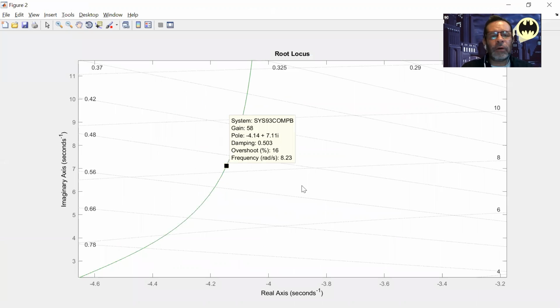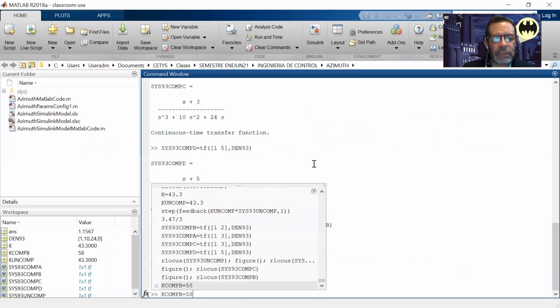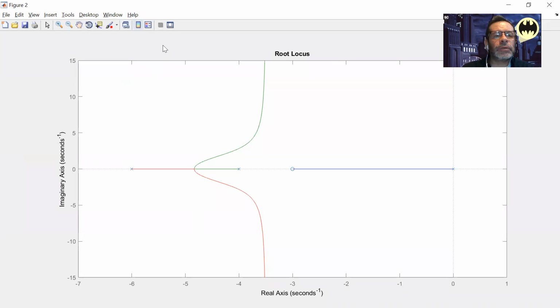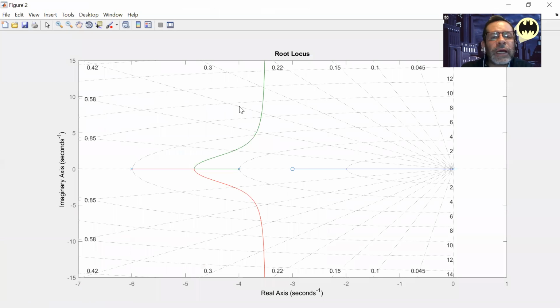Okay. Now I'm going to close this one and let's look at comp C. So comp C is this one. This one was with the 3. We're going to put a grid here. So it has to be between, again, these two lines. So I'm going to do a zoom there. There we go.